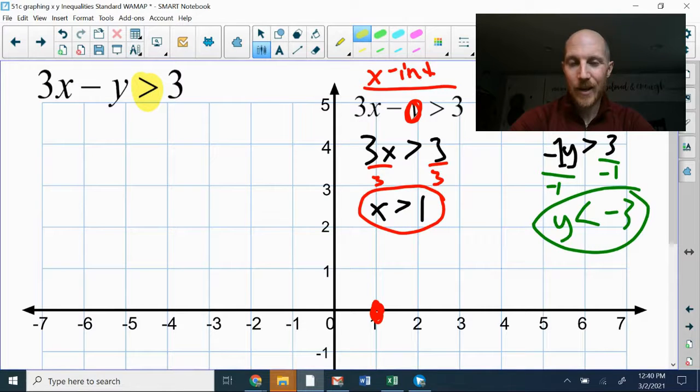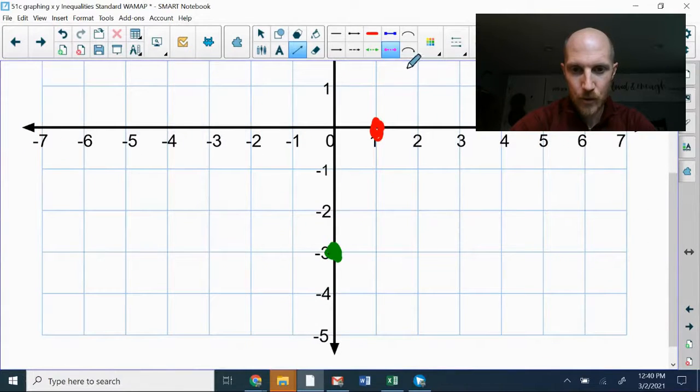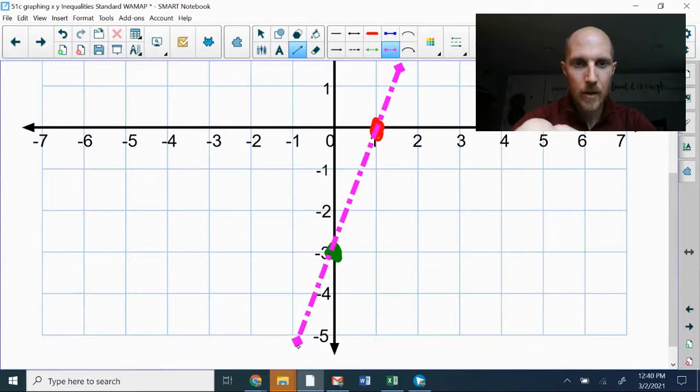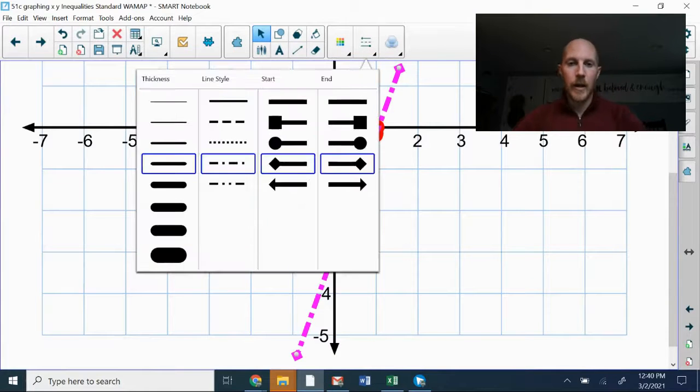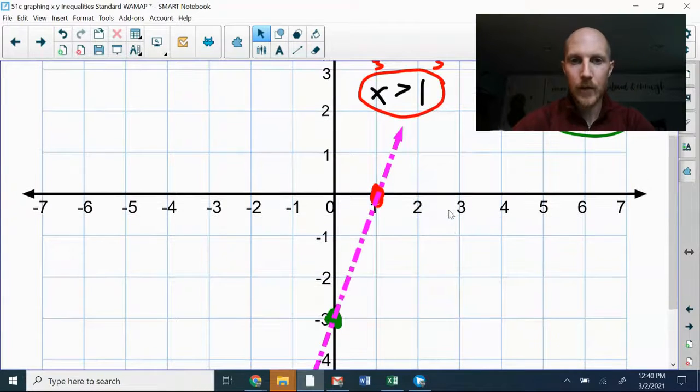It does not have the or equal to, it's just greater than. And so I'm going to use a dotted line. So I got my dotted or dashed line selected here. Connect those 2 dots. Perfect. All right, I'm going to change that to arrowheads on here. And lastly, I'll need to determine where on the graph I need to shade.